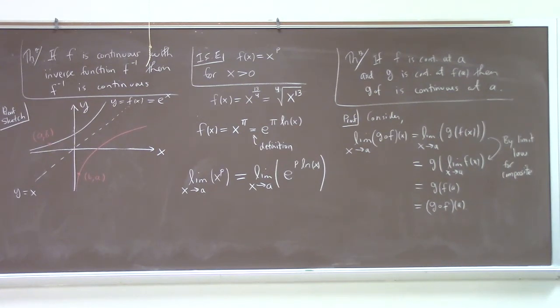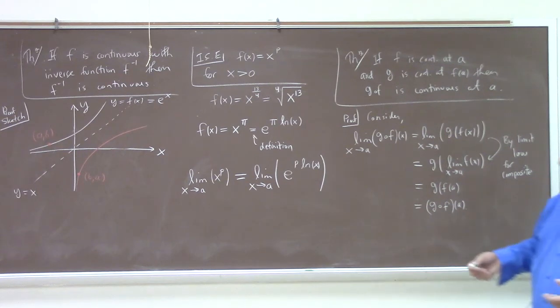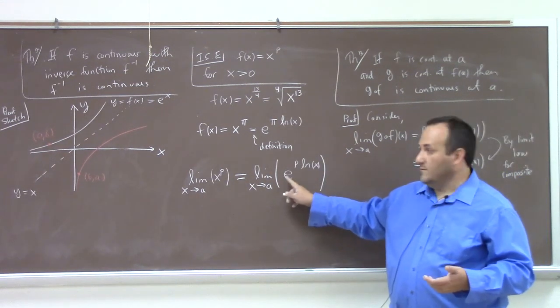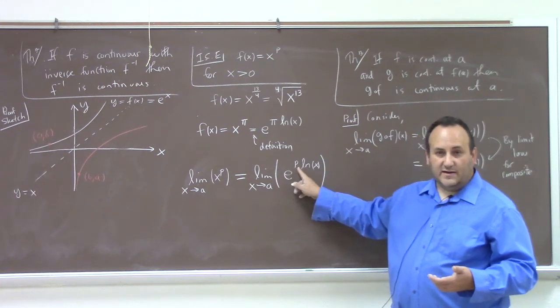The inverse function theorem says if you know exponential is continuous, I guess we haven't proved that either, but it's true, exponential is continuous. The inverse to the exponential is the natural log. It's also continuous. X to the power p is formed by a composition of the exponential function with scalar multiple p of the natural log function.